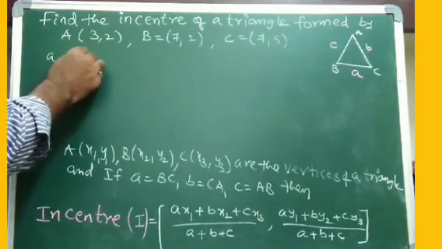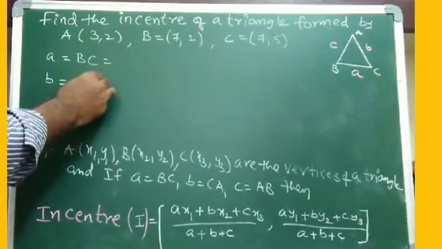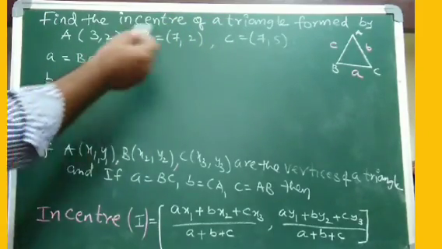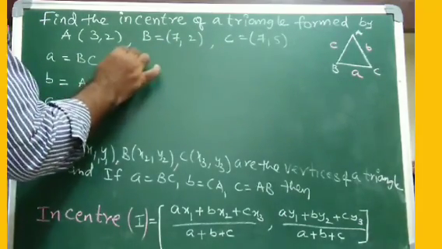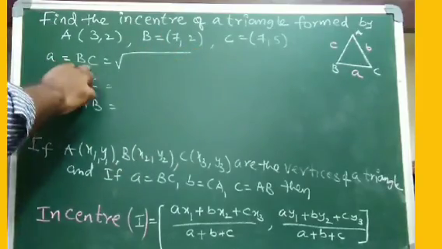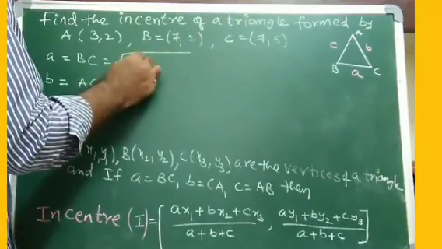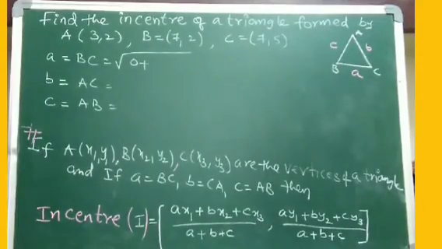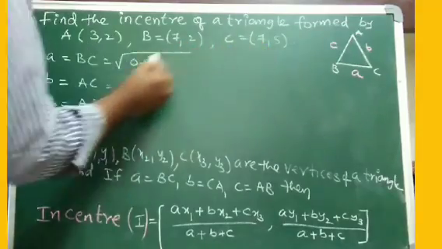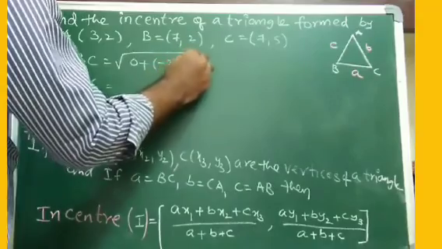Length small a is BC, small b is AC, and small c is the length of AB. Using the distance formula, the distance between B and C: (7 minus 7) whole square, which is 0, and (2 minus 5), which is minus 3, whole square.